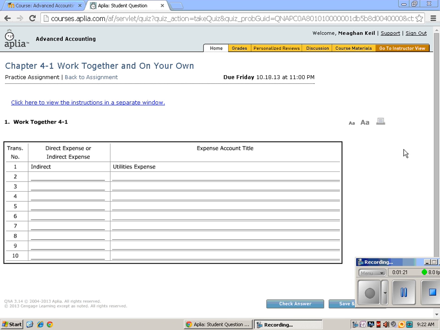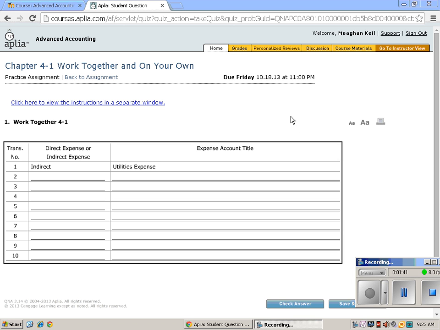A portion of it has to go through each department, but it's not directly an expense of the department. So direct means just one department's using it. Indirect, the whole company is using it, or more than one department, I should say.